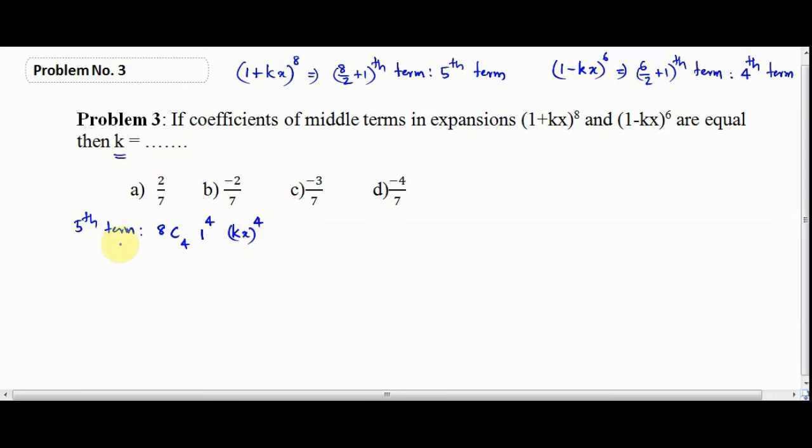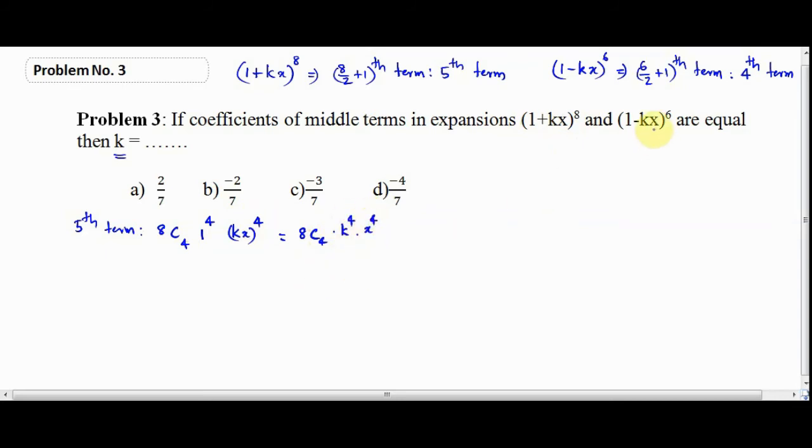So this can be written as 8C4 into k^4 into x^4.